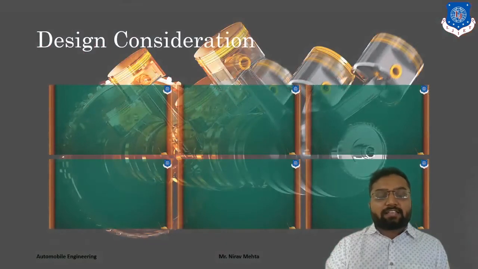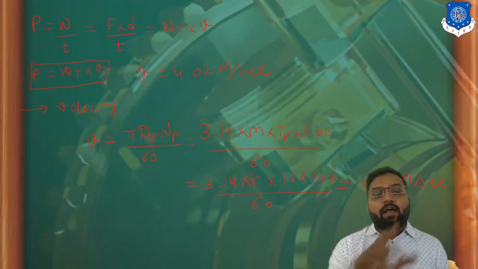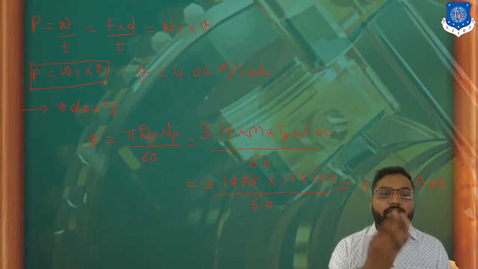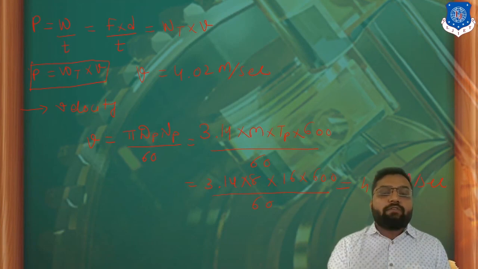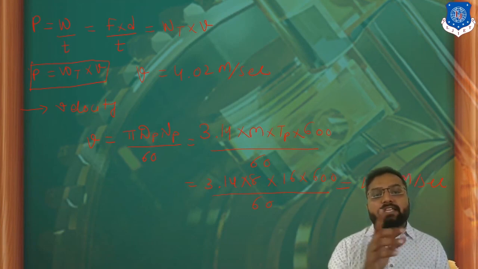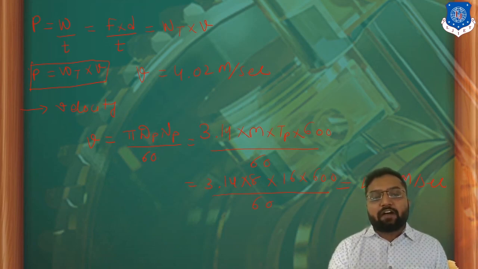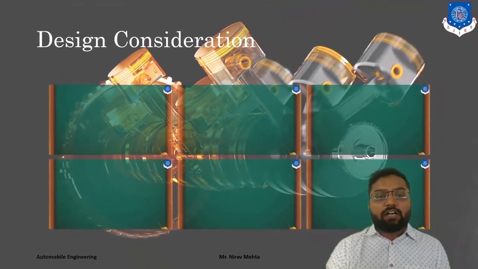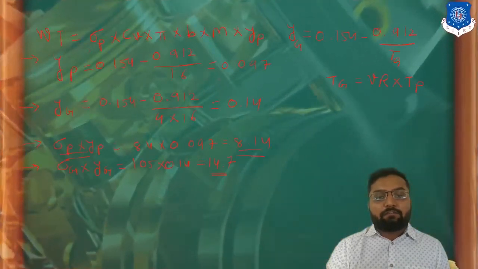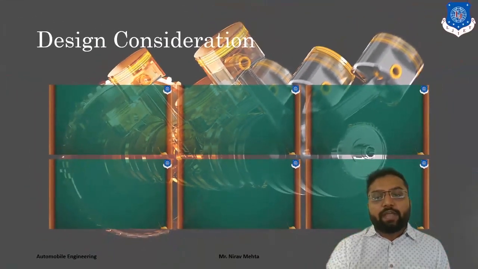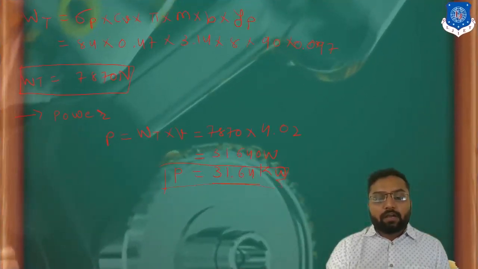We established the relationship between power and force: P is equal to WT into velocity. First we found the velocity, which depends on pi DP NP upon 60. After finding this velocity, we found the power. Clear? I hope you understand this very well.